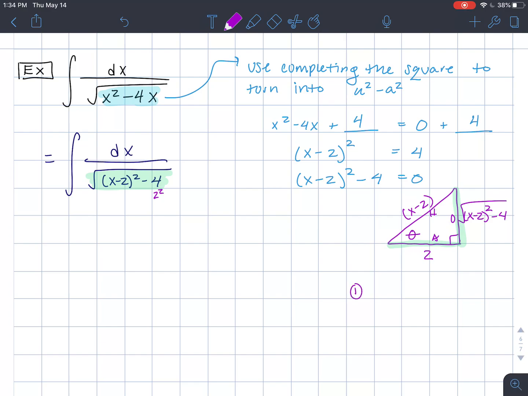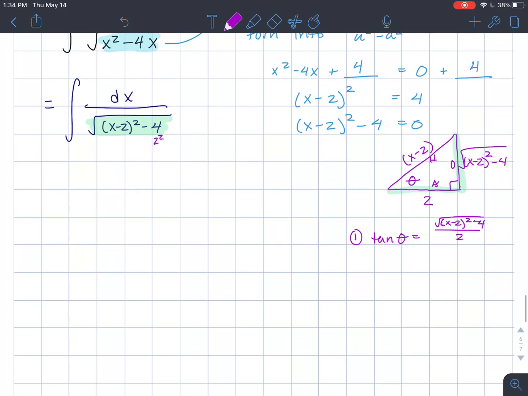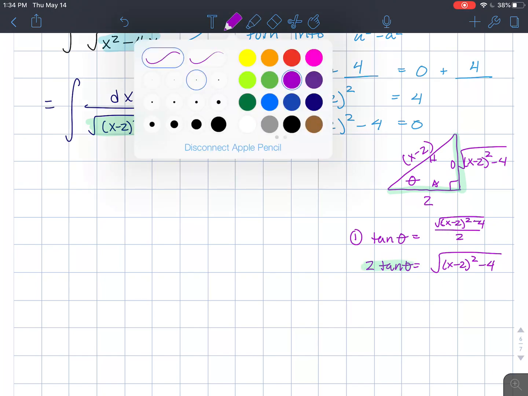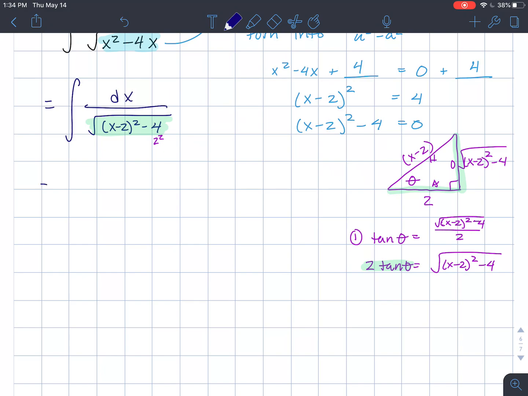So then I get tangent. So the first thing I'm going to define is that the tangent of theta is equal to the square root of x minus 2 squared minus 4 all over 2, which tells me that 2 times the tangent of theta is equal to that radical that we want to get rid of. So I'm going to go ahead and start by replacing with that.